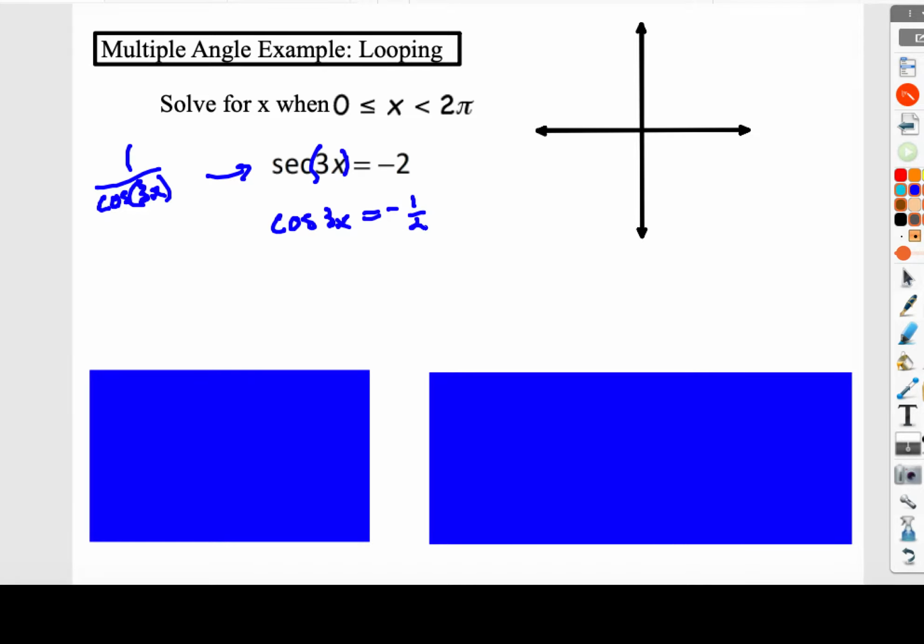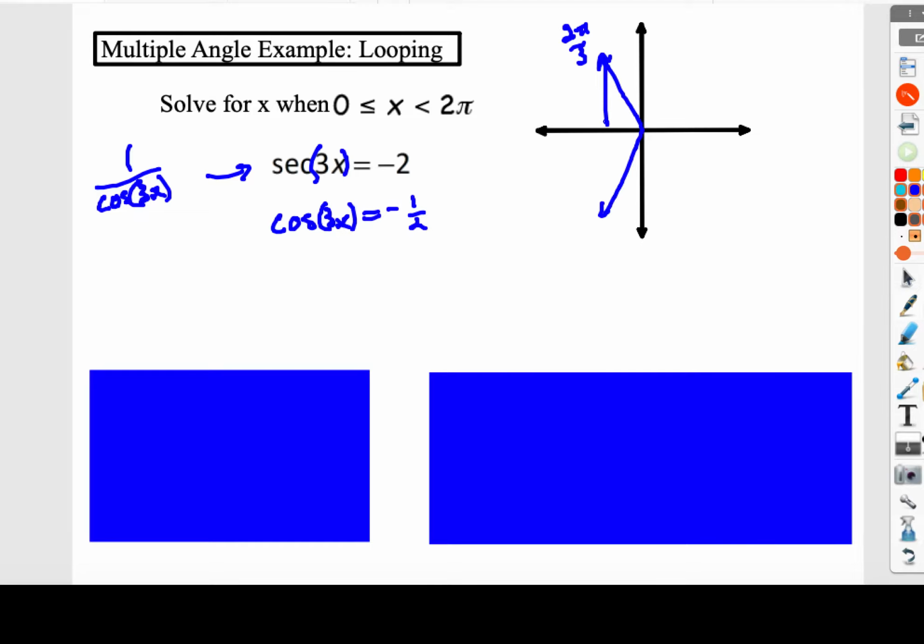negative 1/2. Well, the cosine of an angle, any old angle, I'll get to that 3 in a minute, don't worry, is equal to negative 1/2 at both 2 pi over 3 as well as, again, cosine's also negative down in quadrant 3, right?